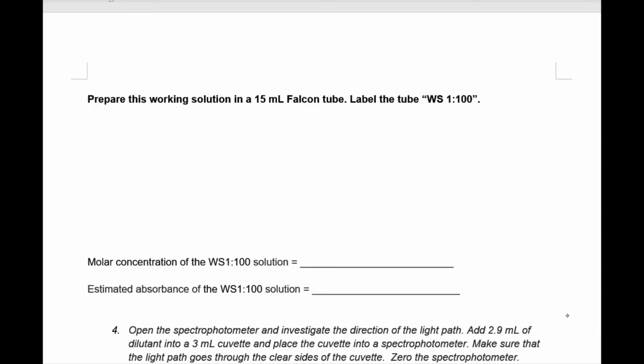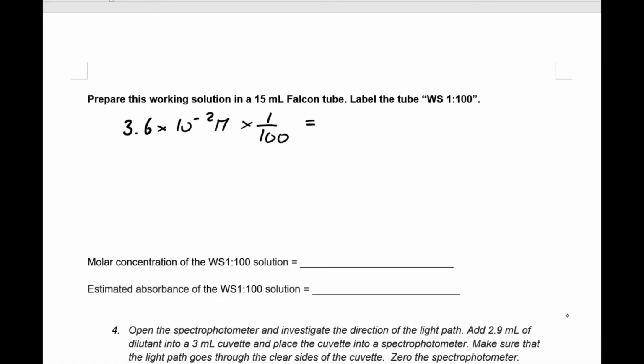We can calculate the molar concentration of this working solution, because we know that we had originally a 3.6 times 10 to the minus 2 molar solution that we used, and we did a 1 in 100 dilution, so times 1 in 100, and that's quite easy to calculate.